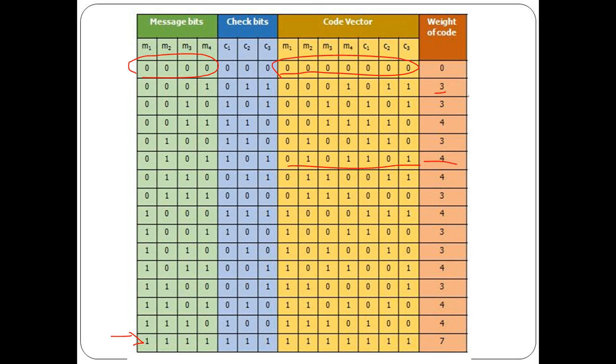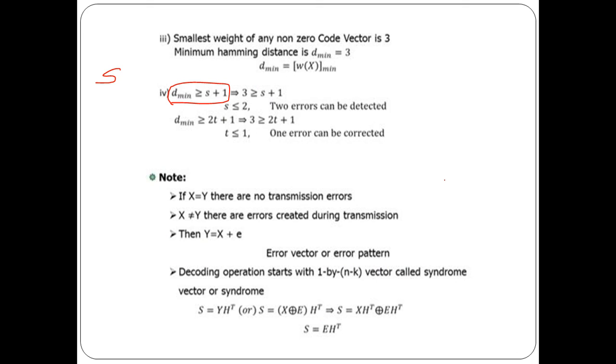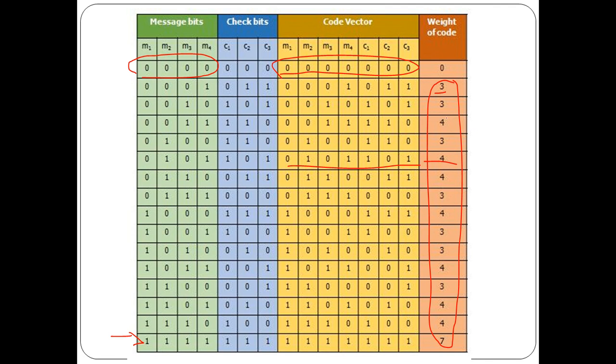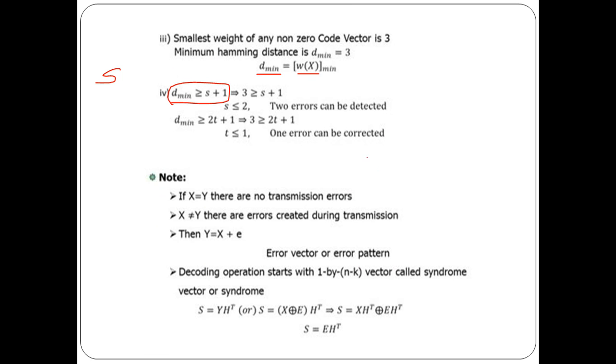D minimum is the minimum non-zero weight in this column, since zero is not counted. The minimum Hamming distance is the minimum of the weights W of X. Here we have weights 3, 4, 7, so D minimum is 3.